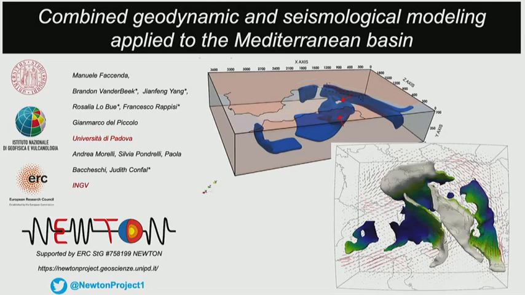And so you need to give some constraints to interpret these anomalies. And usually, it's better to use geodynamic models to try to give a physically based interpretation of these observations. And so this is why we are trying to combine these two techniques.